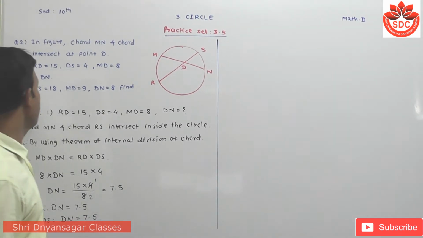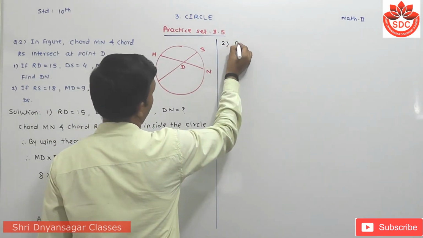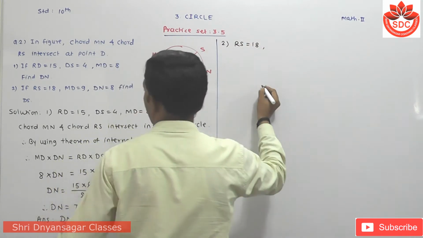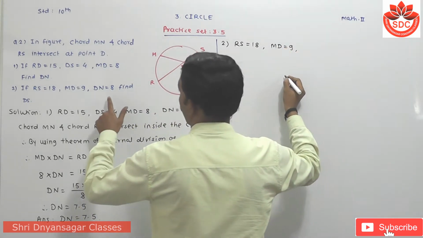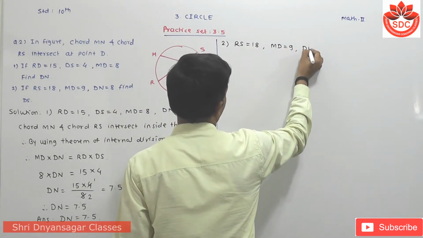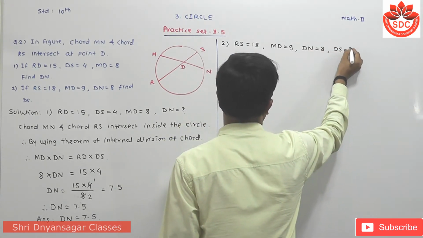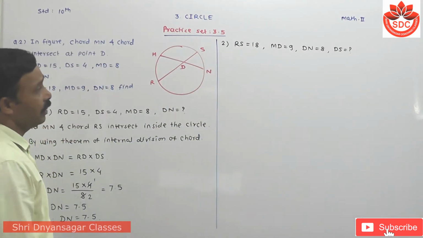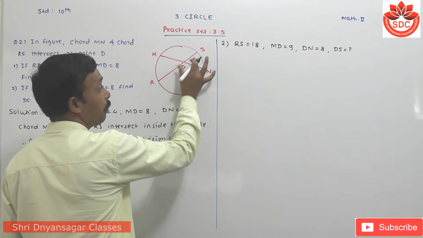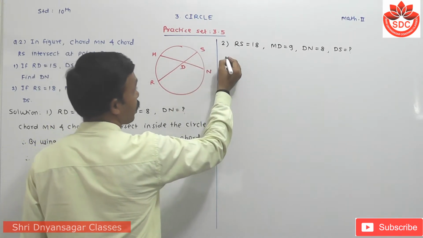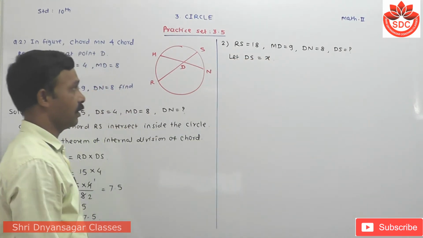Then we take the second sub-question. RS is given as 18, MD is 9, DN is 8, and you have to find DS. For this, students, RS is given. Let DS be equal to x.